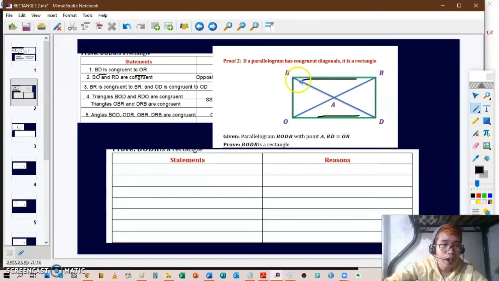We could also say that, if you see here, guys, we have parallel lines and there's a transversal. The diagonal can act as a transversal. We can say that these angles here are supplementary. The same side interior angles are supplementary.